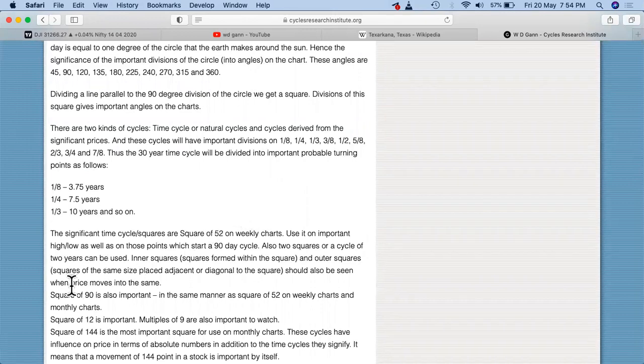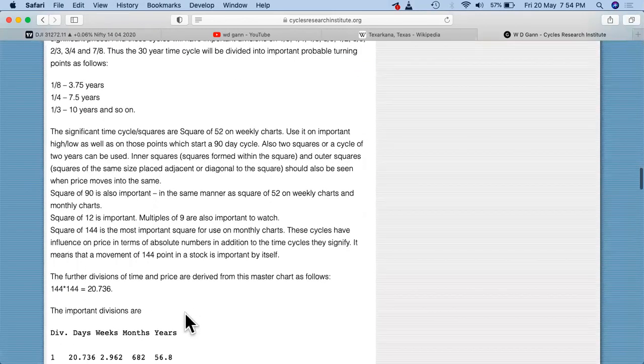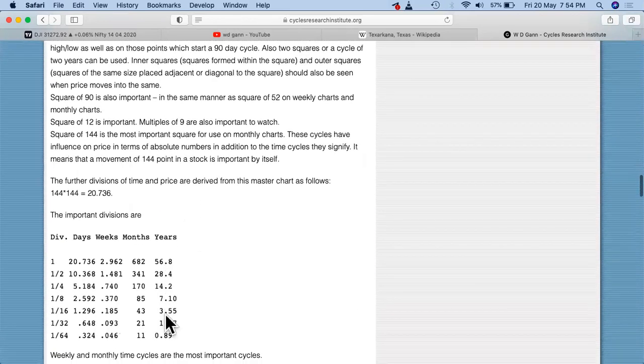He has talked about various things: square of 90, square of 12, square of 144. So all these things probably are much more important that we need to understand. He's talking about 144 by 144, which comes to 2736. Then there are divisions: days, weeks, months, years.